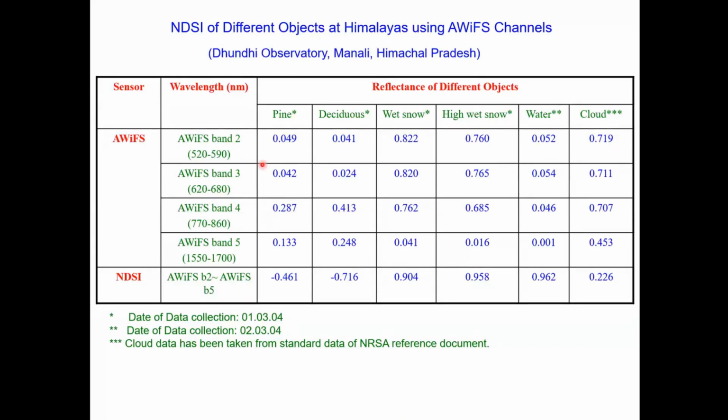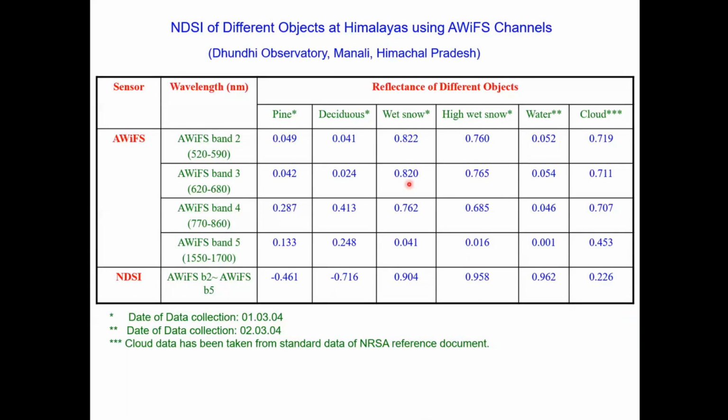So you can see here how different land features have different spectral reflectance. Look here that as snow changes from wet to high wet snow, there is a reduction in snow albedo. That also you can see.